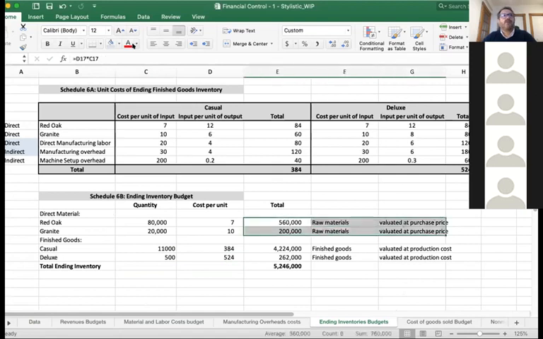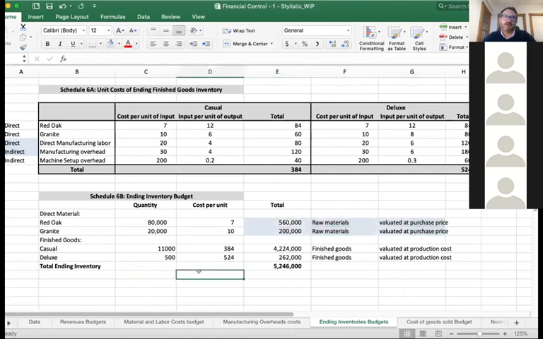We have two raw materials which are valuated at purchase price. So $560,000 represents the total value of red oak that we have in our ending inventory in our balance sheet. So certainly this one, the 5 million 246, is certainly information that we will find in the balance sheet.